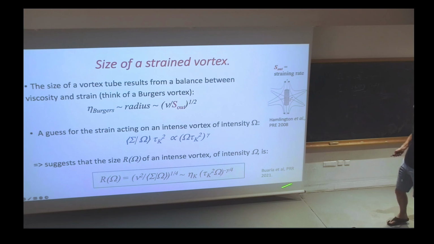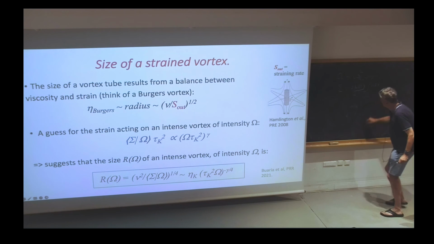So there is this sort of way that we check that. Of course it's not a direct way, but some sort of indirect way. You take a vortex of intensity omega, and you ask yourself on what scale it lives, the notion being that the most intense vortices will be thinner, and would have some sort of smallest radius.